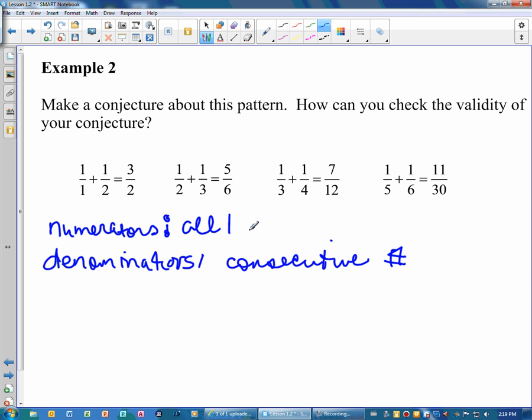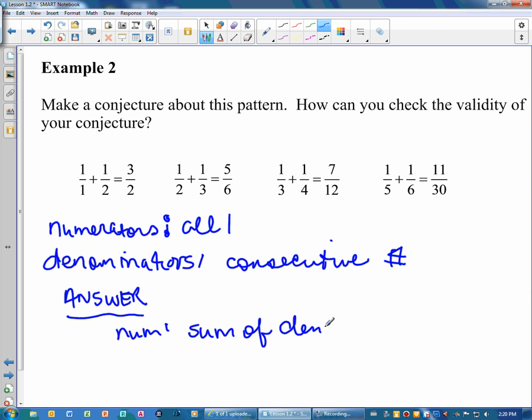All right, so when we have 1 over 1 plus 1 over 2, we get 3 over 2. When we have 1 over 2 plus 1 over 3, we have 5 over 6. 1 over 3 plus 1 over 4 is 7 over 12. 1 over 5 plus 1 over 6 is 11 over 30. Okay, and then in our answer, my numerator is the sum of the denominators.